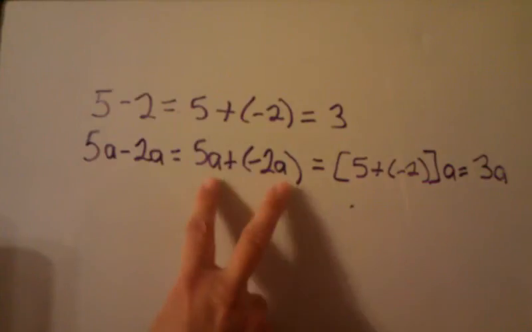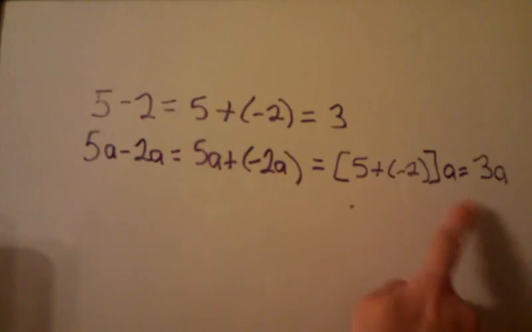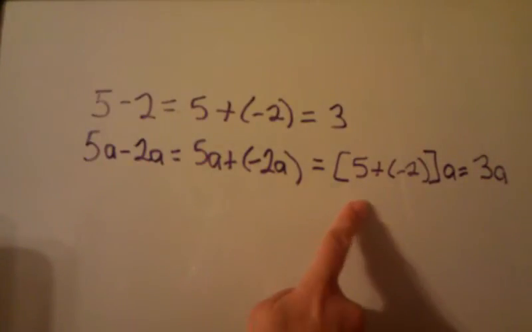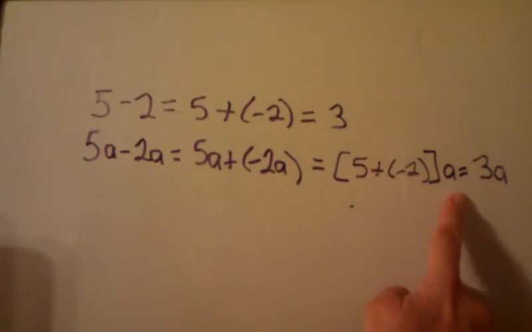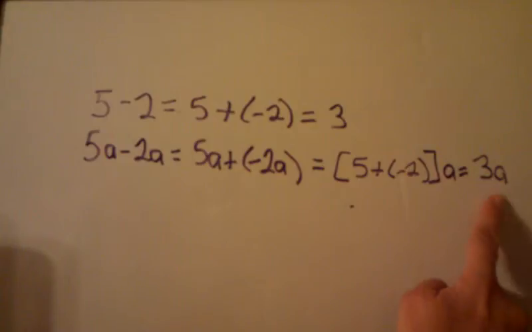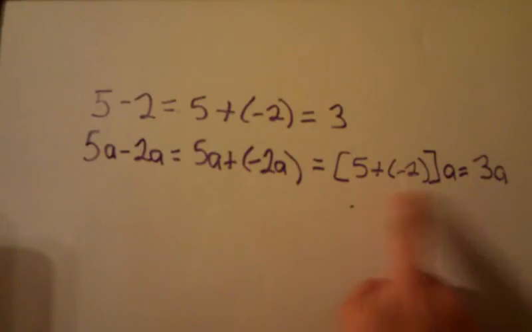Since these both have the same variable, we took it out, by the distribution property. And we just put the numbers here all multiplied by a, and we still came up with 3a. 5 minus 2 is 3, times a is 3a. And don't worry if you don't get that right off the bat.